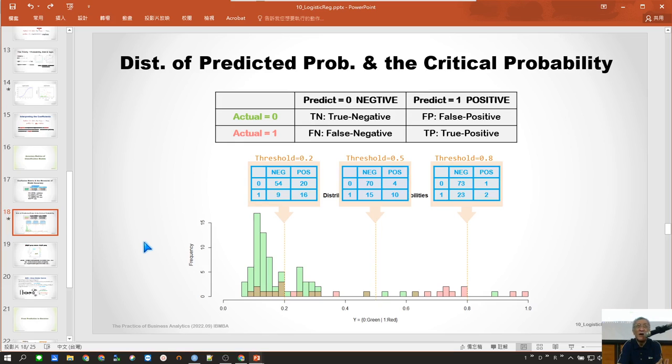Even if I do not have a model, I simply guess that you do not click, I will have an accuracy of 99.5%, since the average click-through rate is just 0.5%. If I have a dumb model that predicts everything as no click, I still have an accuracy of 99.5%.